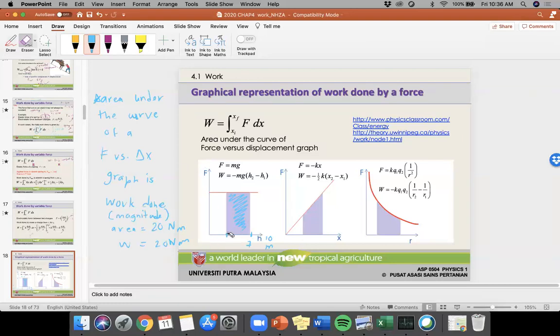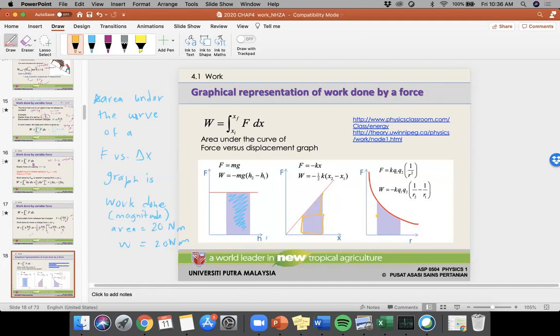Right? But what happens when you have a graph like this? If the graph is like this, it's quite easy, because you only have to calculate for the triangle over here and the box. So just calculate that and you get your magnitude for work done. And then you decide whether it's positive or negative depending on the question.